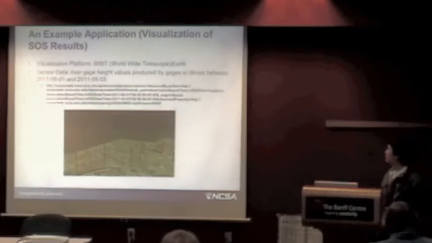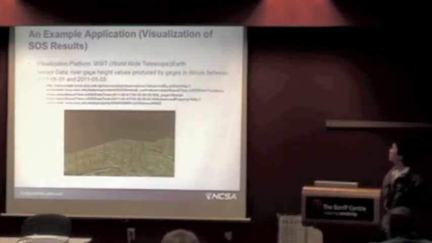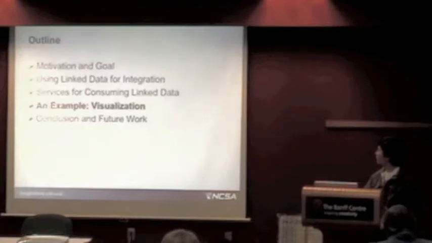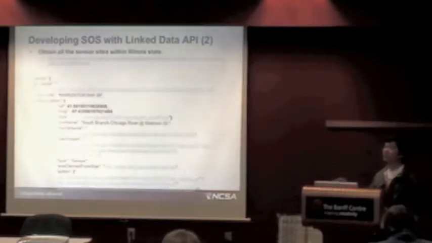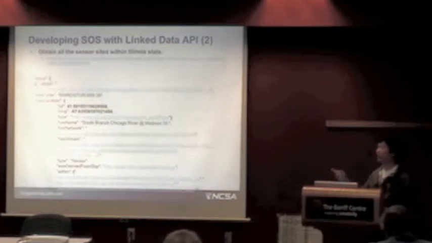So an example is given by using the World Wide Telescope. We saw this yesterday. It has an Excel plugin, so we can provide data. This data is in JSON, so we can easily change the format to others, for example, XML, CSV.